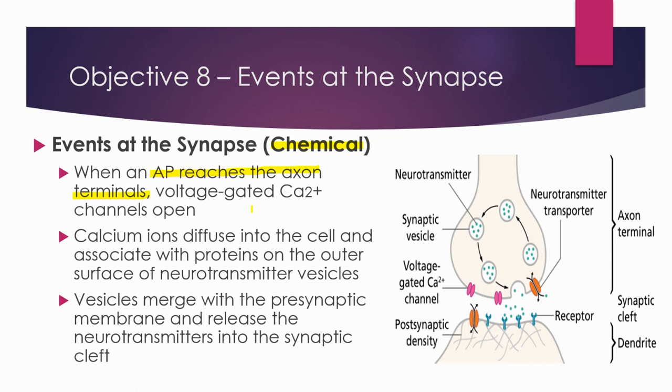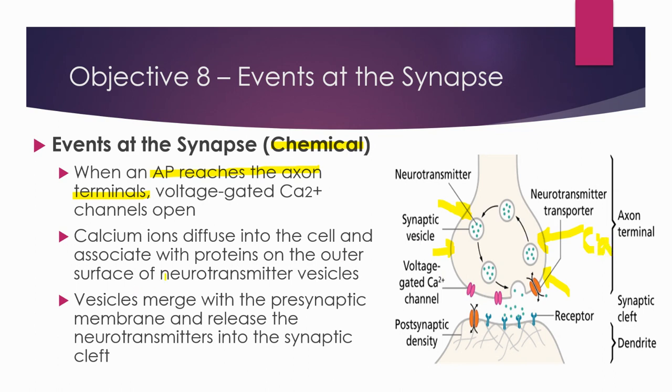Calcium is greater on the outside of the membrane, so calcium is going to enter the cell. So when that action potential reaches those axon terminals, it causes calcium to enter the cell.